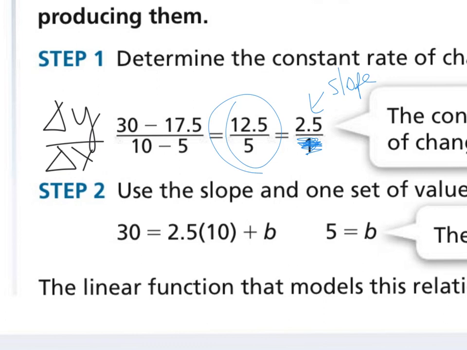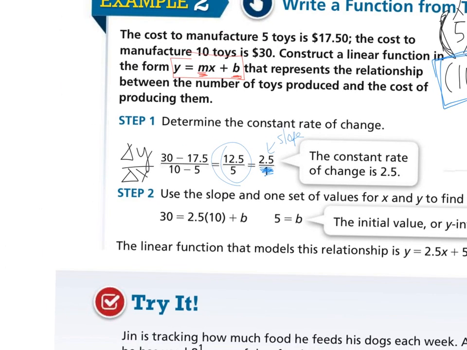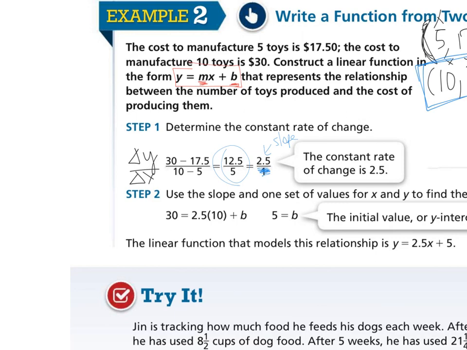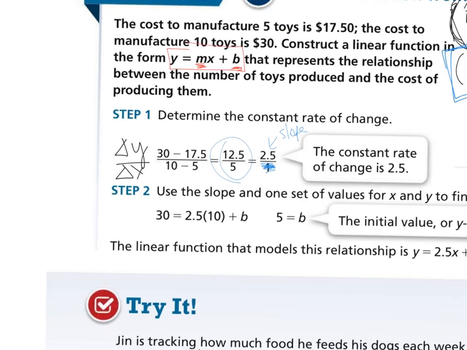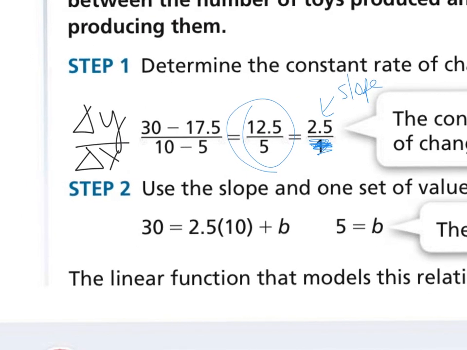Now, the book doesn't get into this, but they could ask us what the slope means for this problem. What we'd want to think about is what's our y and what's our x. Well, the y was our cost in dollars. So kind of going back to when we did rate of change, first of all, we could say this is positive. Since it's money, we could put a 0 behind it. It's dollars.